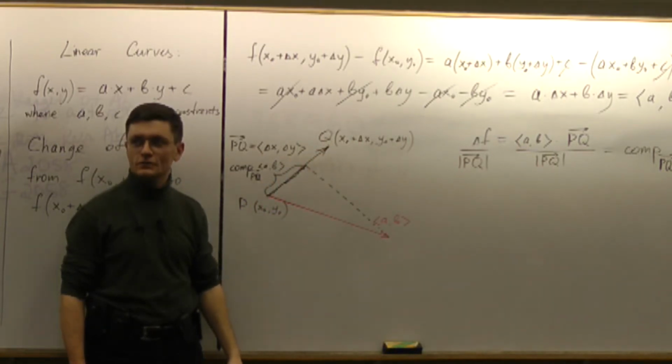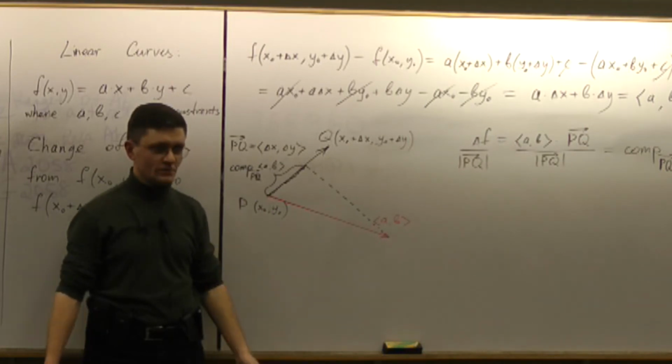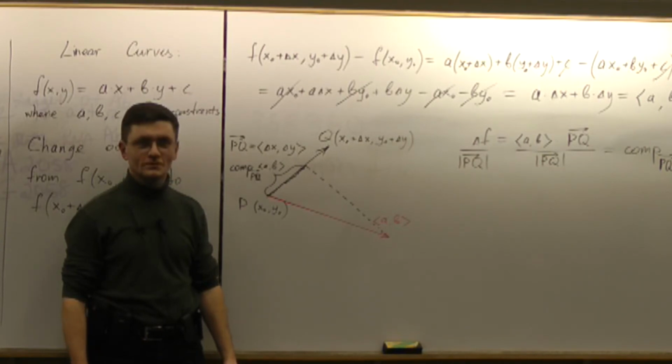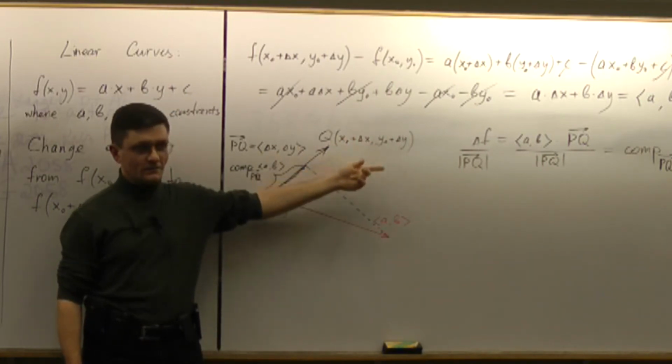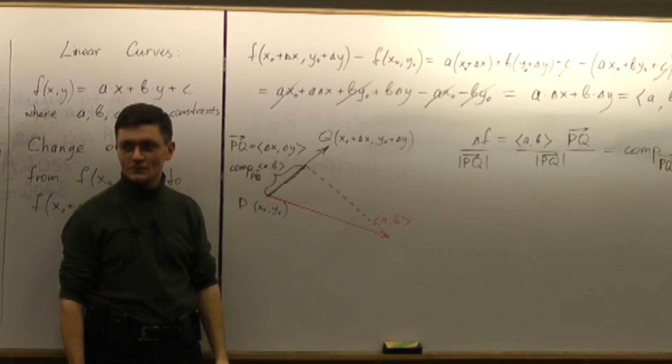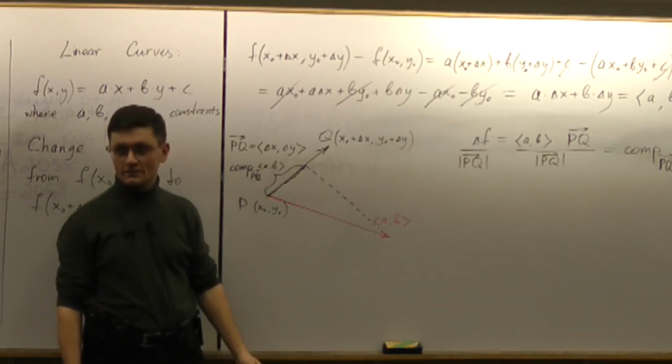What is that? What kind of ratio is that? Change of the function divided by the change of the independent variable. Isn't that the ratio you look at in calculus all the time? Isn't that the rate of change of the function f? That's exactly what it is.